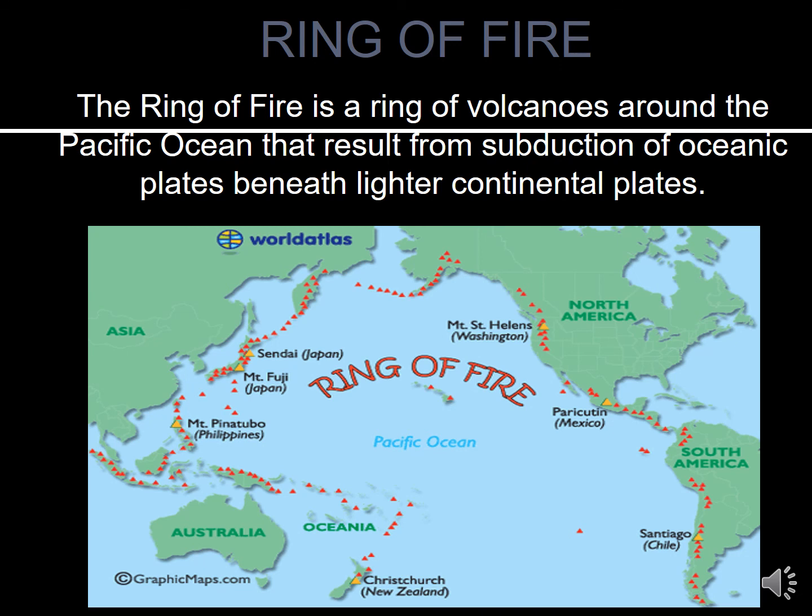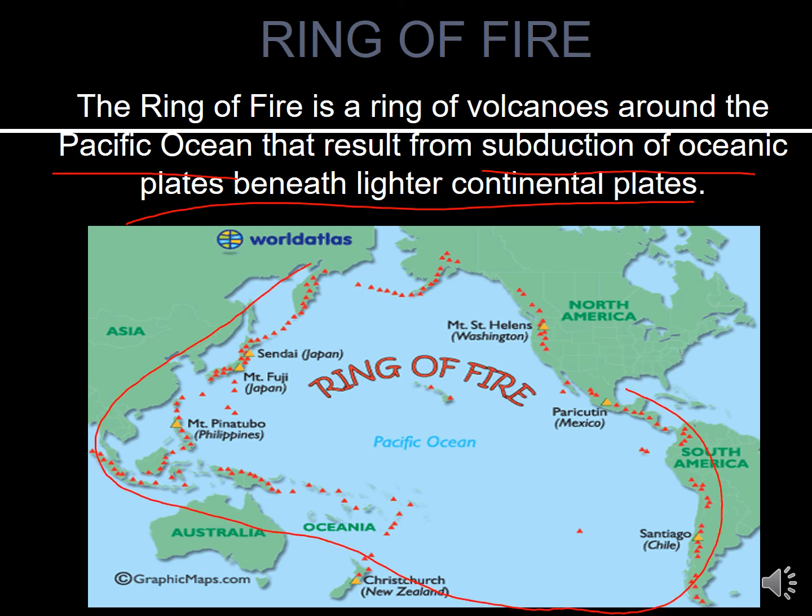So the Ring of Fire, I know y'all heard of this, but this is the Ring of Fire where volcanoes around the Pacific Ocean result from subduction of oceanic plates, okay, lighter than that. So this is why we have volcanoes, as you see here, on the outside of the water where it hits the land.